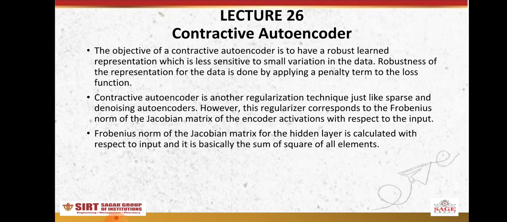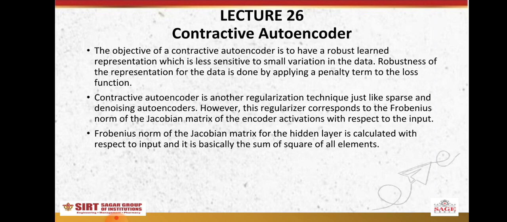So what does it do in contractive? The objective is to have a representation which is less sensitive to small variation. Robustness of the representation for the data is done by applying a penalty term to the loss function. We are applying a sort of penalty term to the loss function, and this is also a regularization technique.